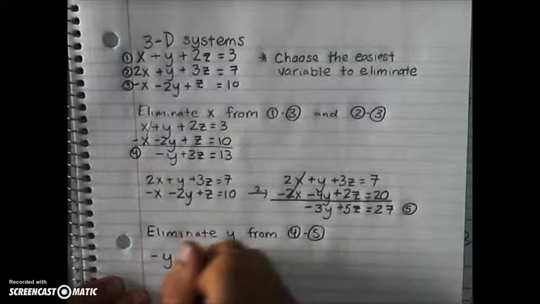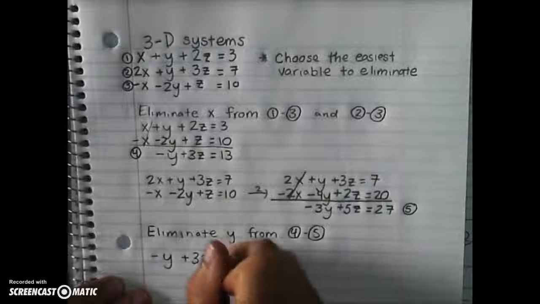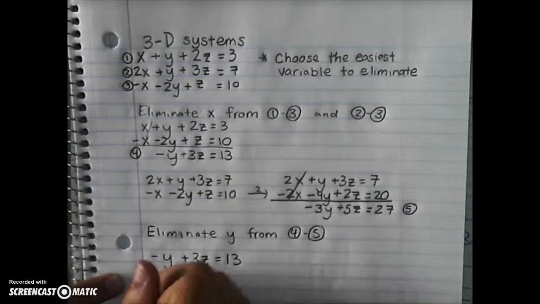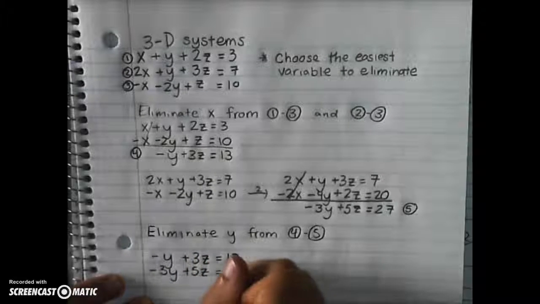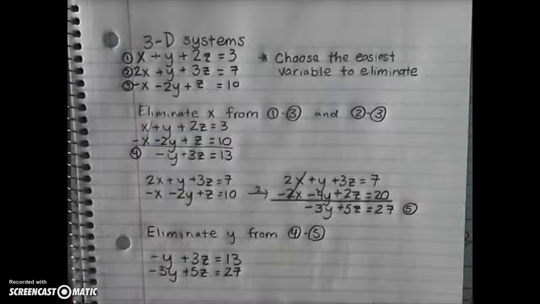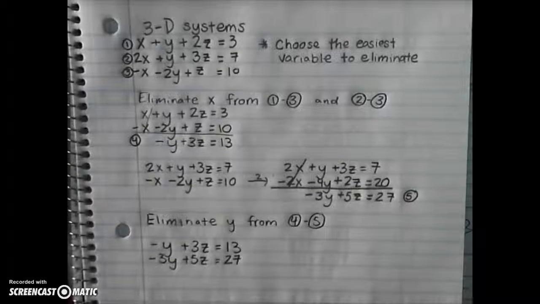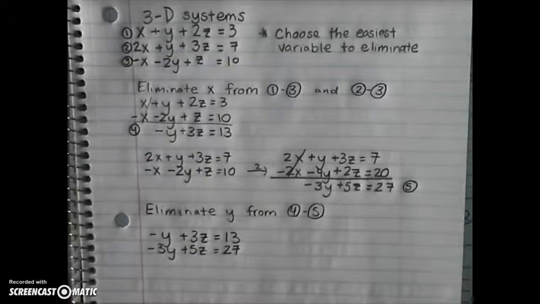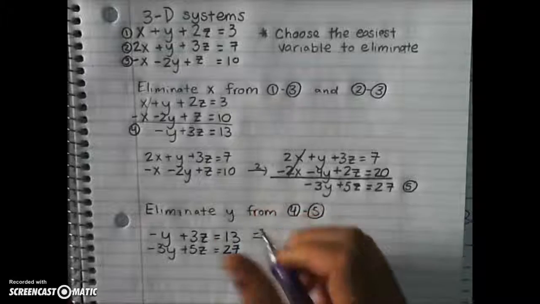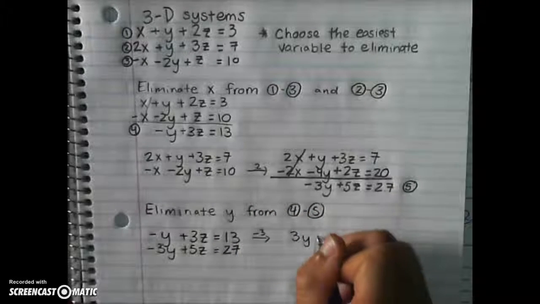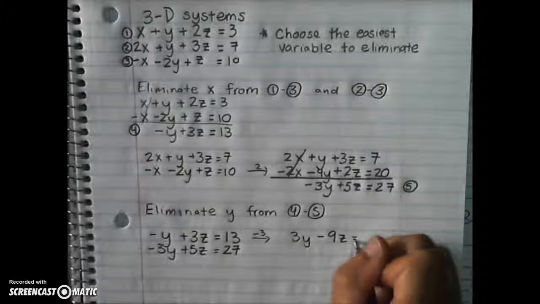So negative y plus 3z equals 13. Negative 3y plus 5z equals 27. What do we need to multiply which equation by to eliminate y? Multiply the top by negative 3. 3y minus 9z equals negative 39.